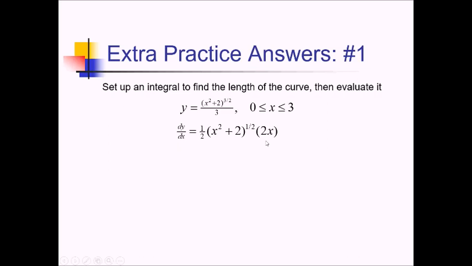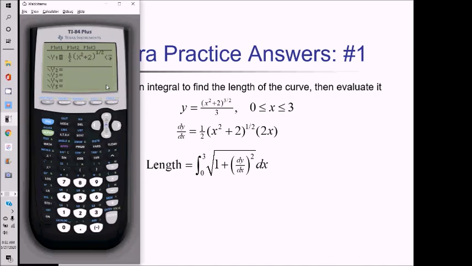So we have the integral from 0 to 3 of the square root of 1 plus (dy over dx) squared dx. And now for the calculator. To make things a little easier on myself, I've entered this dy over dx as y1 in my y equals. Now I can just quit out of there and do math 9 for integral.